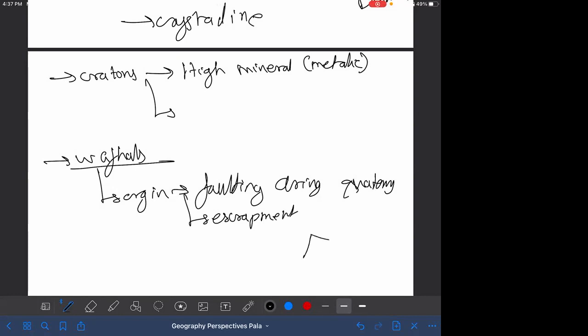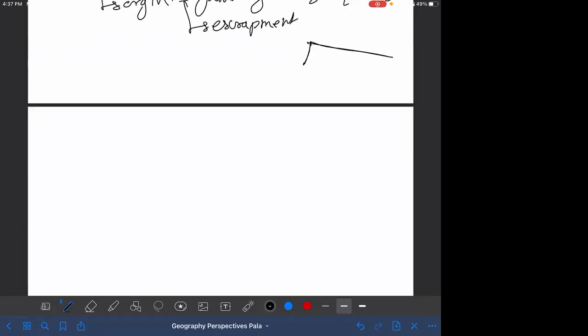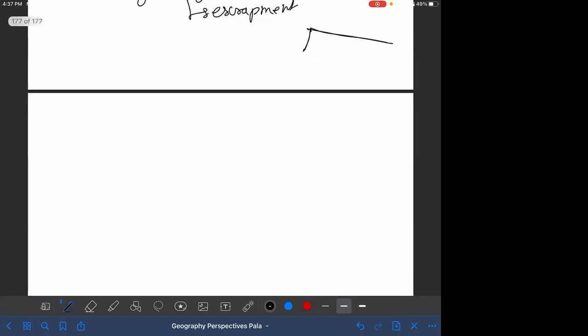Escarpments are mountains with one side very steep slope and very gentle slope to the other side, mostly formed by the episodes of rifting or faulting. Now, if you look at the Western Ghats as such, Western Ghats have a north-south extension, Western Ghats starts from the Tapi Rift Valley.